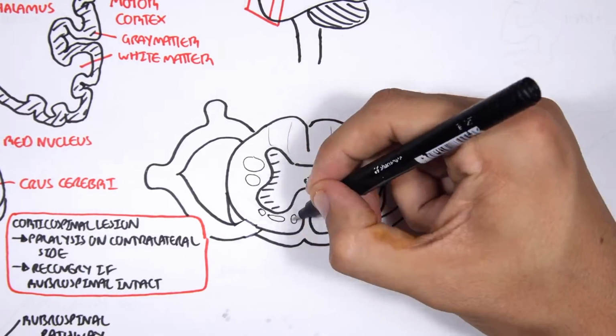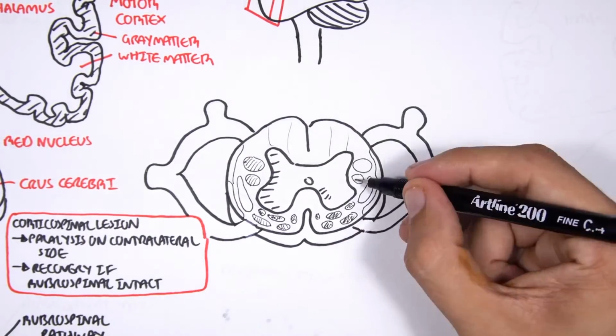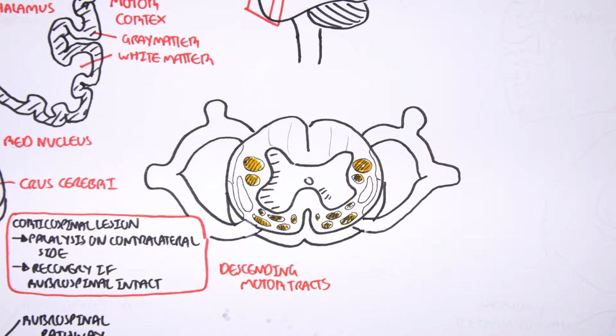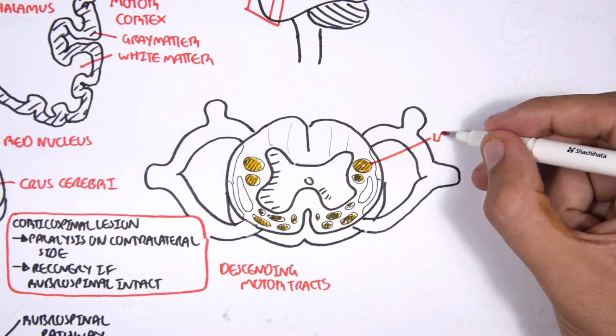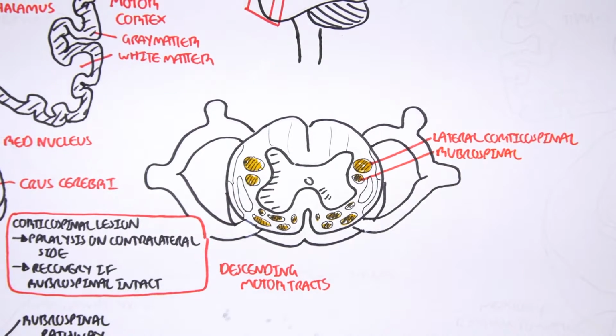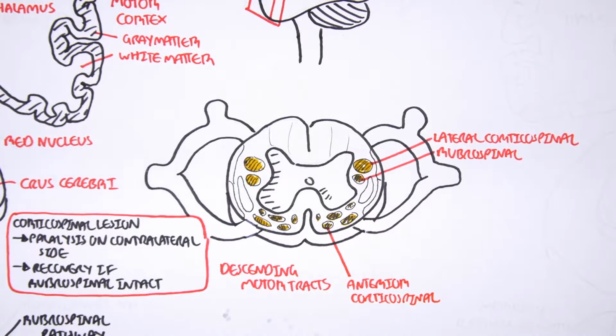So here is a spinal cord section, and here I'm coloring in yellow the descending motor tract, which we have learned so far are the lateral motor pathways, which are part of our voluntary control. These are the lateral corticospinal tract, and here is the rubrospinal tract, and here in the front, the anterior, the ventral side, is the anterior corticospinal tract.